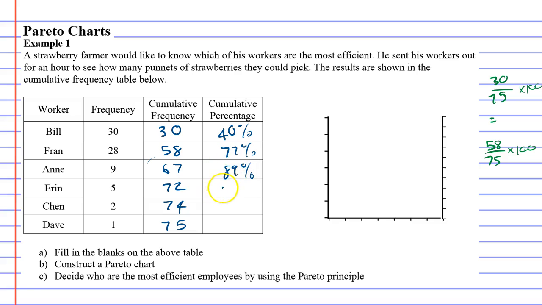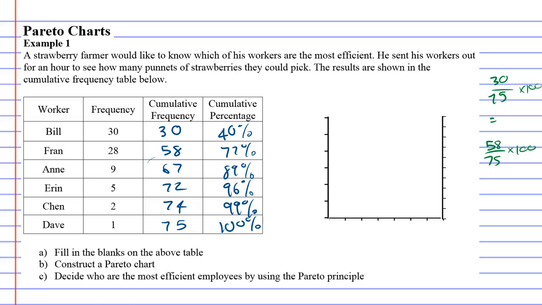I'm just going to round it to the nearest whole percent. Then 72 over 75 times 100 is 96%. And we'll work out the rest of them. We've got 74 over 75 times 100, which comes out to 99%. And the last one will be 100% always for Pareto charts.